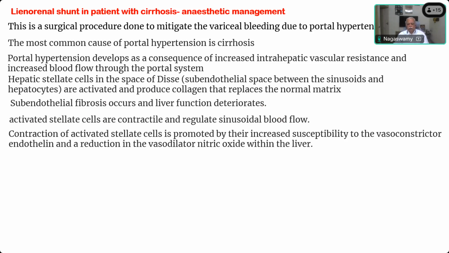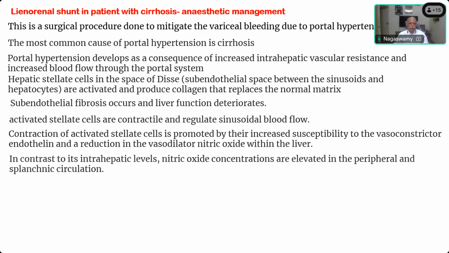So there is an imbalance between the vasodilating nitric oxide production and vasoconstrictor endothelin production. So there is an upper hand by endothelin. So there is a constant vasoconstriction which threatens to decrease the blood supply all the time.